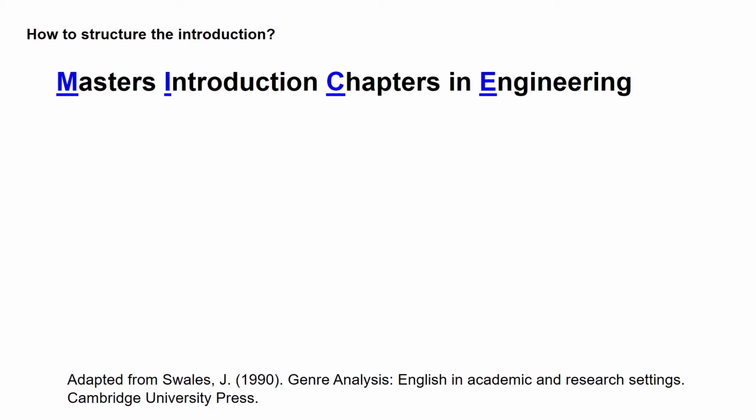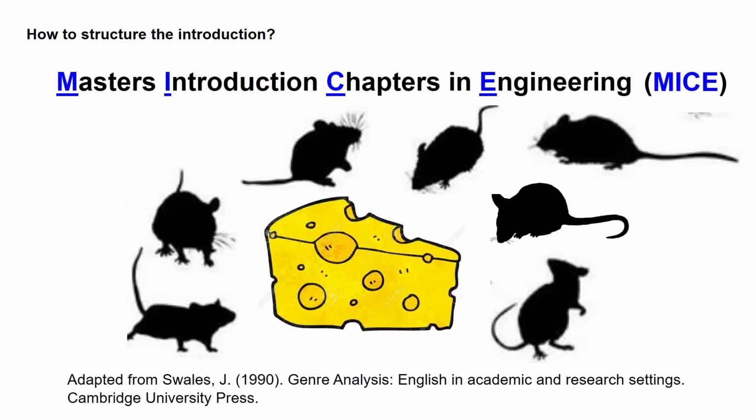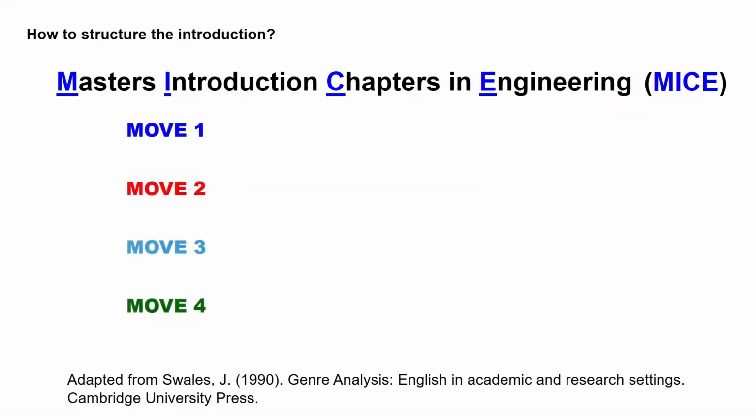I call this model Master's Introduction Chapters in Engineering, or by its acronym, MICE. Yeah, I know it sounds cheesy, but I bet you'll remember it because of its weird name. The proposed model consists of 4 moves.